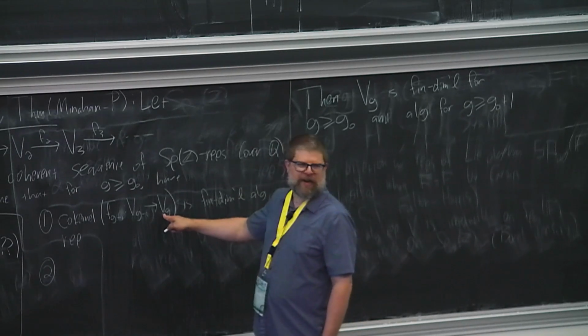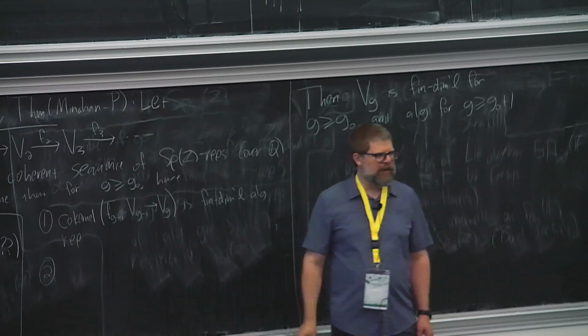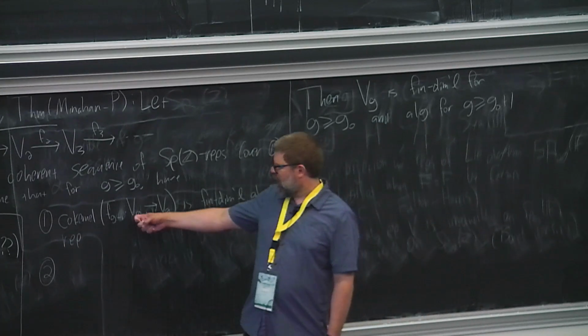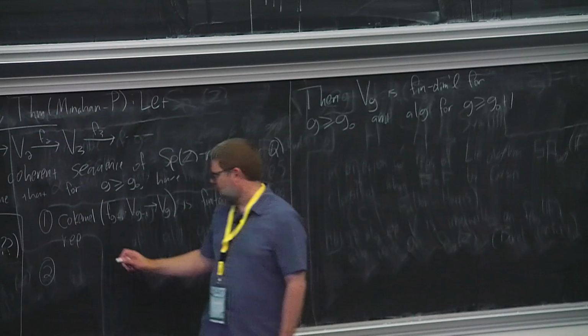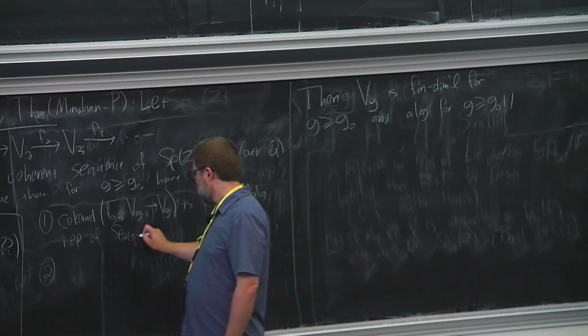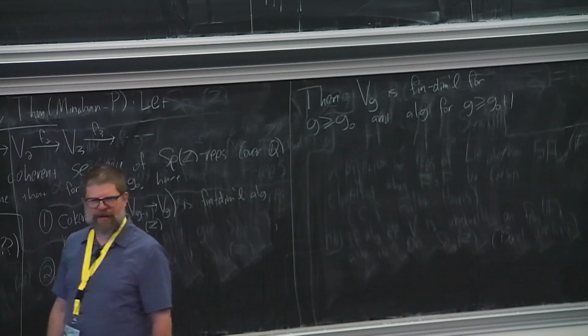So V sub g has an action of Sp_{2g}. V_{g-1} has a representation of Sp_{2g-2}, right? And so the cokernel, we only have an action of the smaller group, right? So of Sp_2.